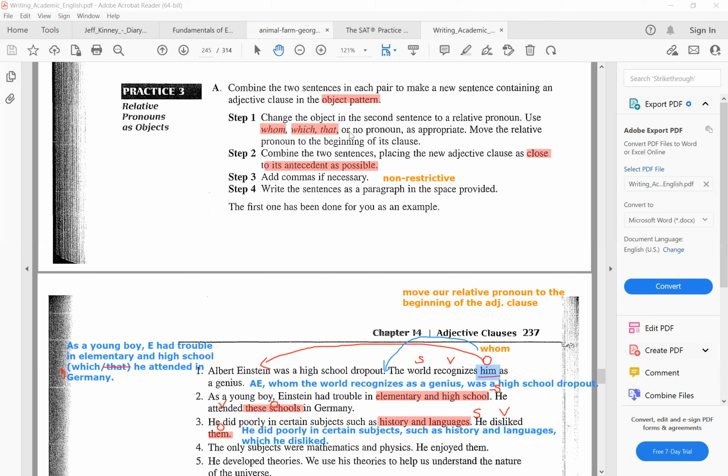So sometimes there could be more than one possible answer depending on the context. But the important thing for you to know is that when the relative pronoun is objective, you have to move it to the beginning of the adjective clause and then place it as close to the noun it modifies as possible.